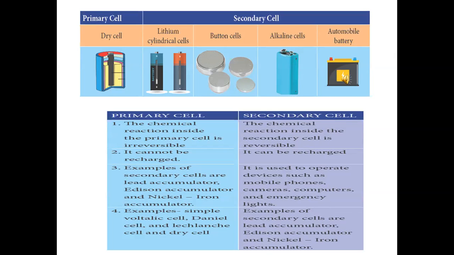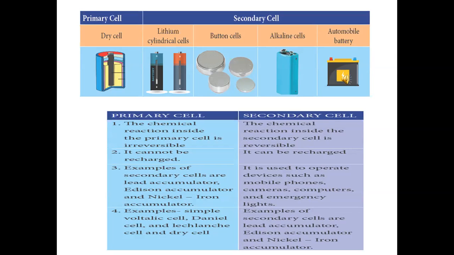Examples of secondary cells are lead accumulator, Edison accumulator, and nickel iron accumulator. They are used to operate devices such as mobile phones, cameras, computers.